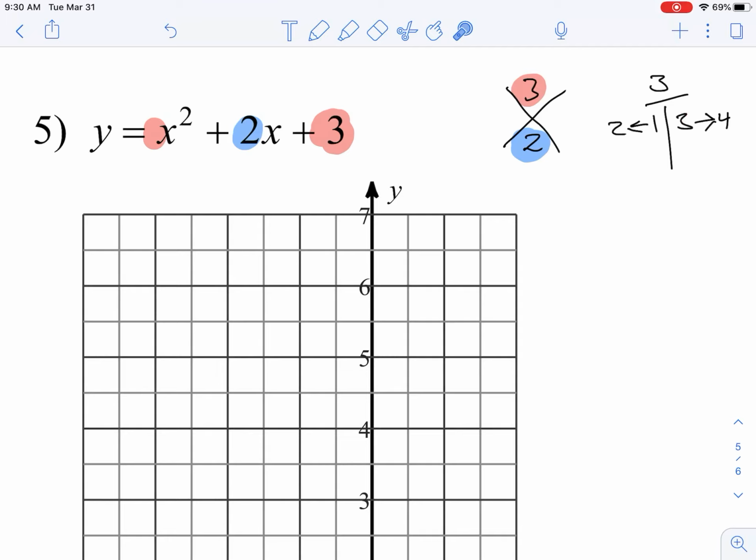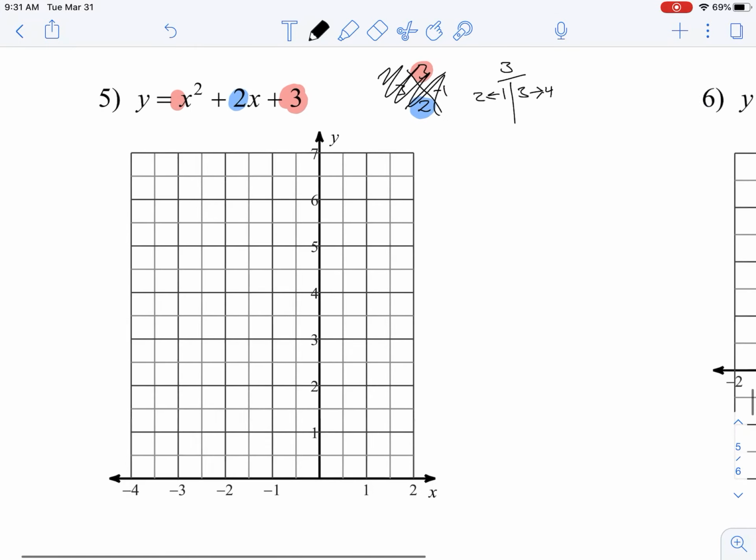And we're not going to be able to create a positive 3 if it would have to be 3 and a negative 1 to make 2. 3 minus 1 is 2. But we can't do 3 times negative 1 to get positive 3. So for this one, we don't have zeros. This one's not factorable, which means it doesn't have zeros.